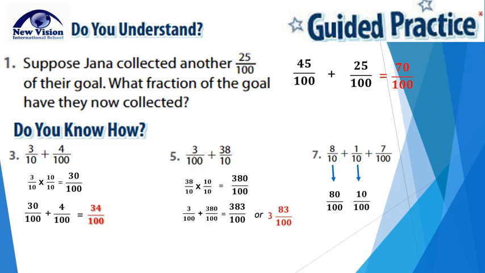It's going to be 10 over 100. And since the denominator of 7 over 100 is already 100, it will just remain the same, 7 over 100. Then add. So 80 plus 10 equals 90 plus 7 equals 97 over 100. Great job.